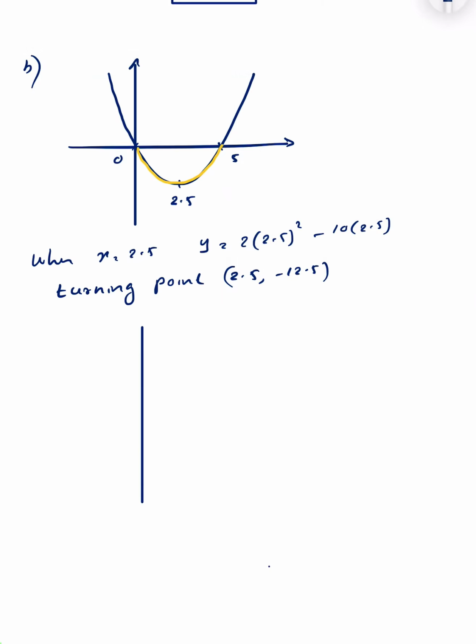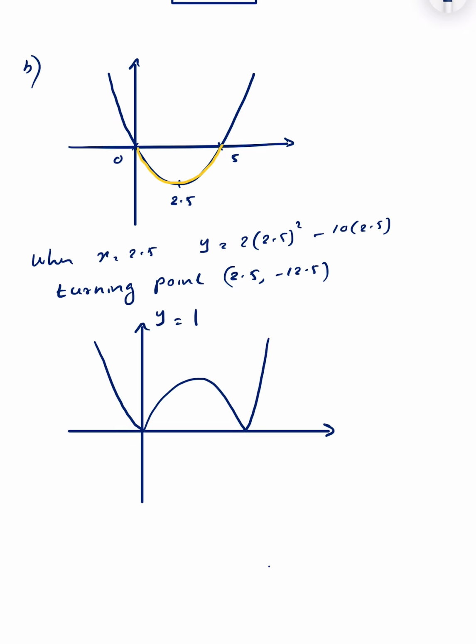And here we go, we can draw this, and then we have to draw something like this. So this is y equals modulus of f(x), and this point here is 12.5, and this is 2.5, that is 5, this is 0.